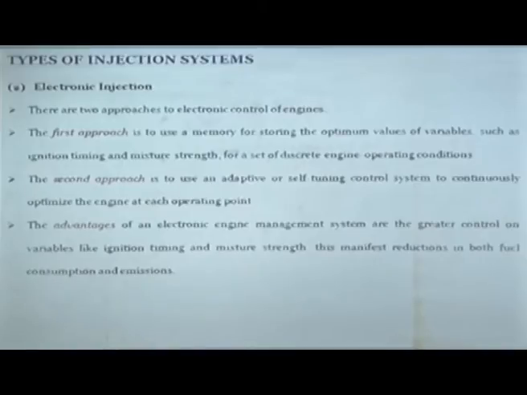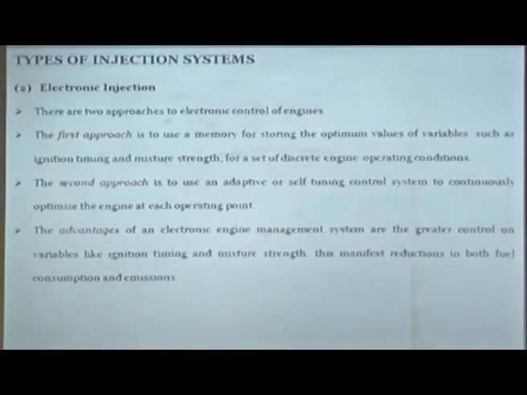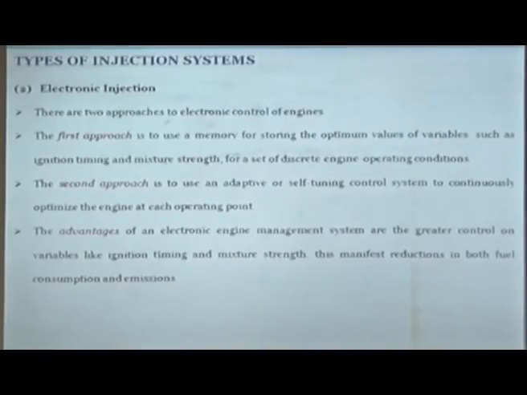Now coming to electronic fuel injection systems, which I will not go into great detail, but just an introduction, there are two approaches for electronic control of the engine. So first approach is to use the memory for storing the optimum value of the variables.